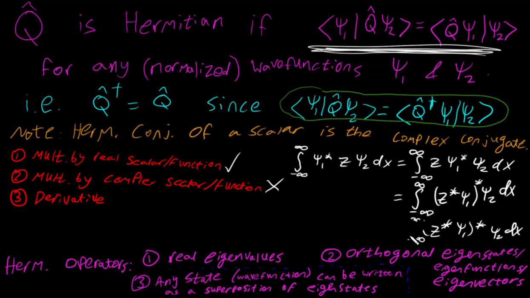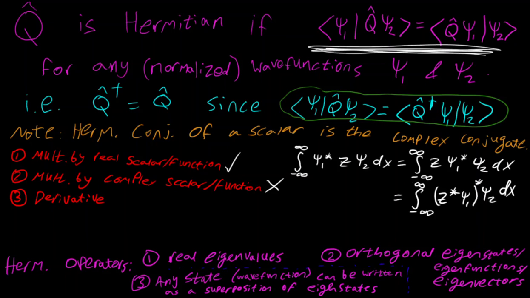Okay. So now, going back to just this line here, if I erase this line here, this shows you, in fact, right? Because if you match it up with this, psi1 inner product with q hat psi2 is q hat dagger psi1 complex conjugate times psi2, right?